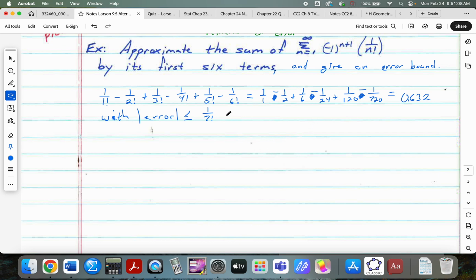Which is incredibly small. 1.984 times 10 to the negative 4th. Generally, with alternating series, you can get very good accuracy pretty quickly.